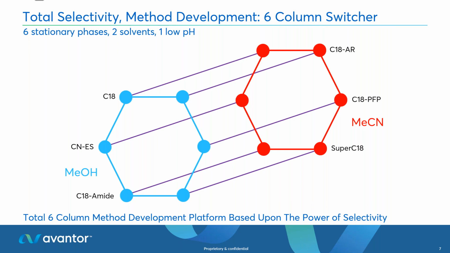So our screening platform uses 6 columns and 2 organic modifiers. Methanol and acetonitrile have different interactions. They have a big influence on selectivity. And therefore, if we're utilizing both solvents here, we can see significant differences when it comes to selectivity.